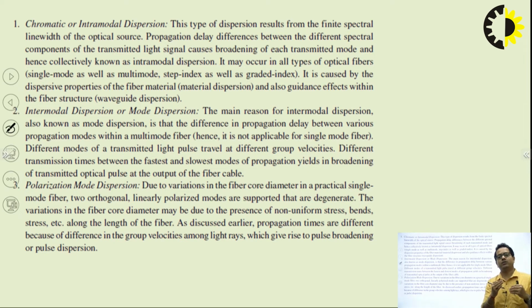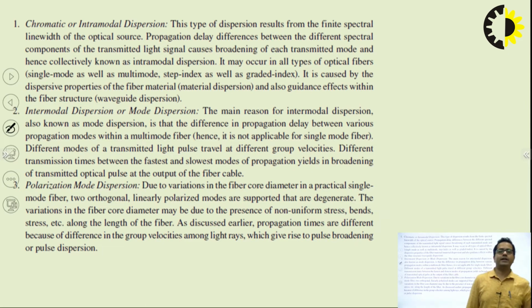The two orthogonally polarized waves, because of this stress or bending, get slightly displaced. So as they travel along the fiber, they arrive at different times. Propagation times are different because of the difference in group velocity among light rays, which gives rise to pulse broadening or pulse dispersion.